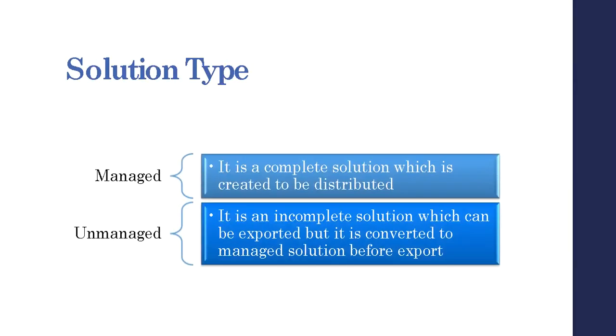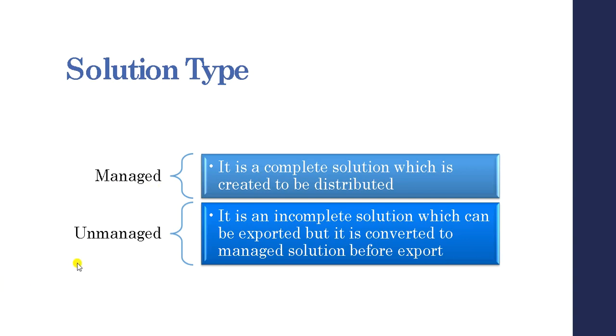Now we have solution types. Solution types are majorly of three types: default solution, managed solution, and unmanaged solution. The default solution is the solution already available in the D365 environment, in which we can do customizations. Accounts, contacts, all these entities are available within the default solution.